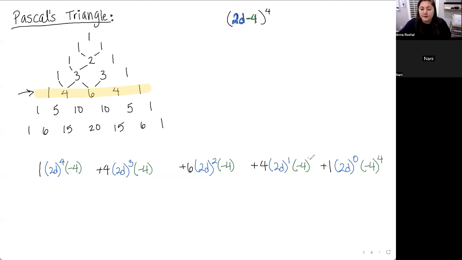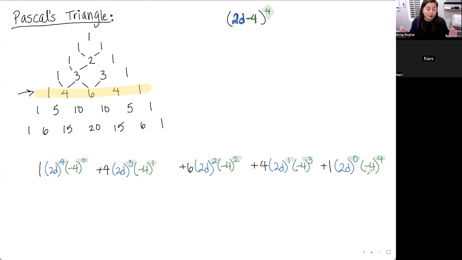And I'm going to explain in a second why I need to start at the very end. Do you see how when you add up your exponents, every single term has an added exponent of 4? Right? So that's the goal. Because this is 4, I want all of my exponents in every single term to add up to 4.